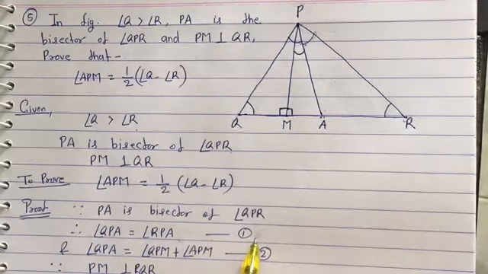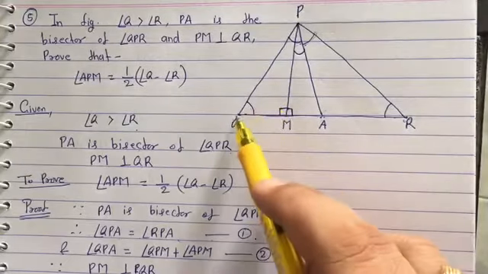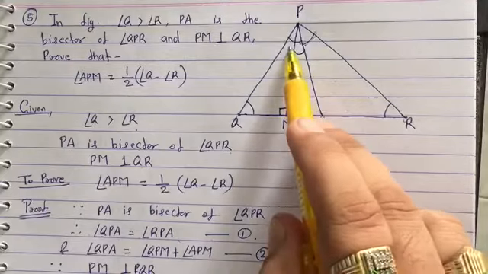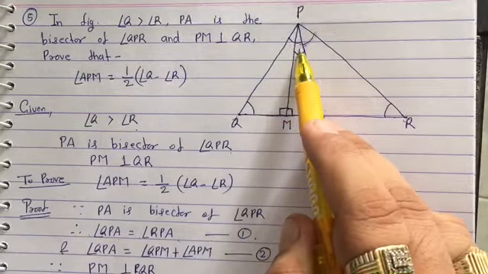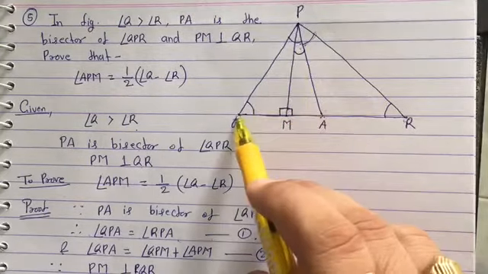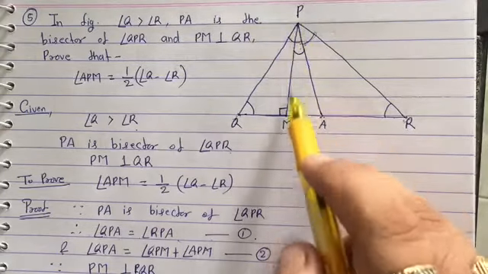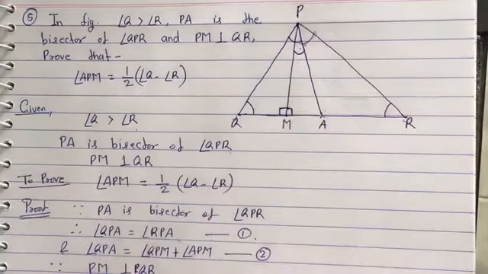Equation number 1. And one more thing, we know what? Angle QPA can be written as a sum of these two angles, meaning angle QPM plus angle APM. So here we can write angle QPA is equal to angle QPM plus angle APM, equation 2.